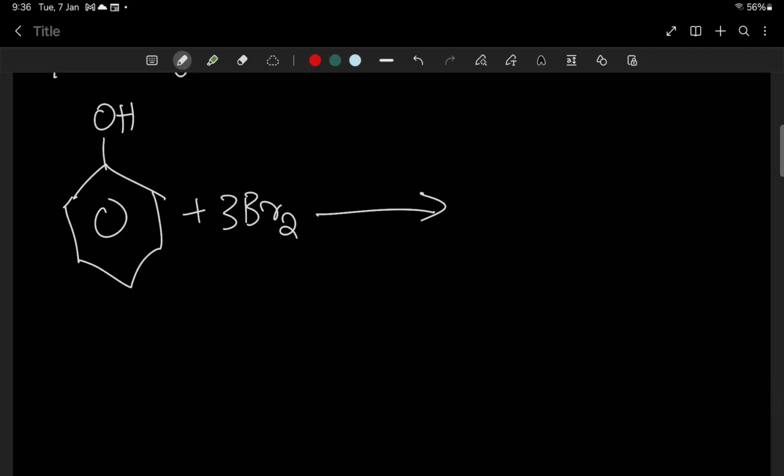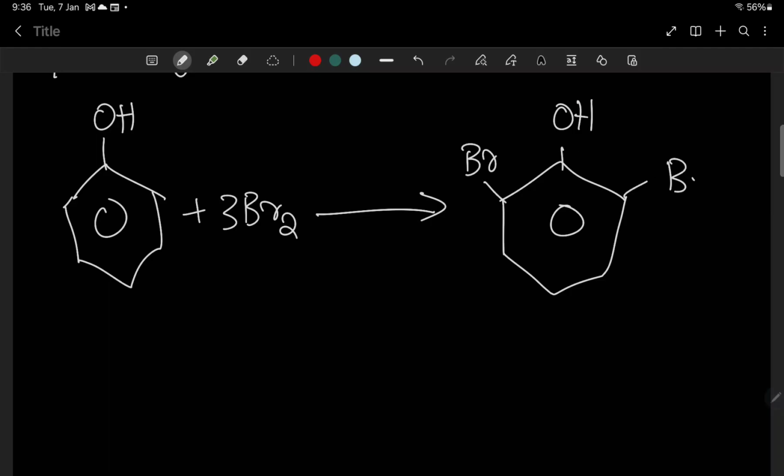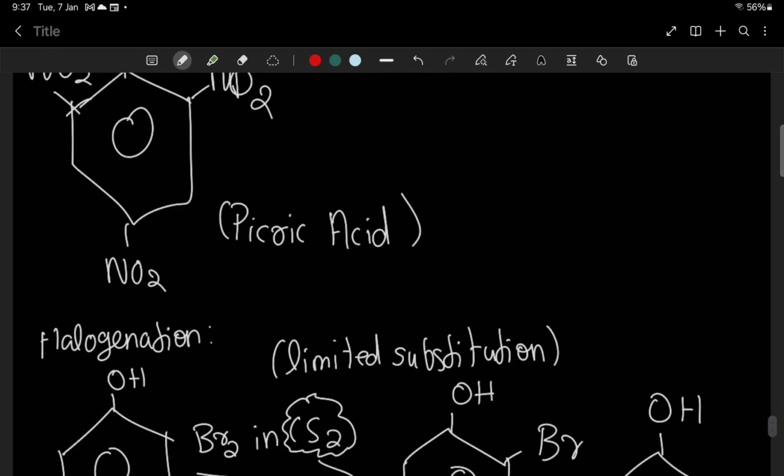But when carbon disulfide is not there, there is no control, so it is uncontrollable and we get 2,4,6-tribromophenol. These reactions are important. So these are about electrophilic substitution reactions.